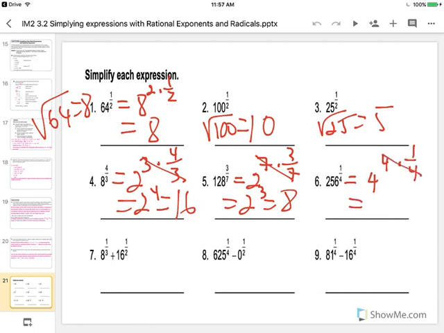That cancels, so it will be just 4. And for number 7, 8 is 2 to the 3rd power raised to 1/3, plus 4 to the 2nd power raised to 1/2. They cancel out, so 2 plus 4 gives us 6.